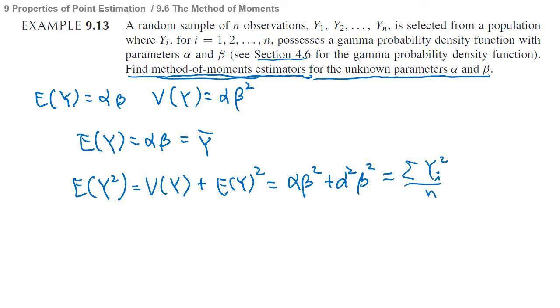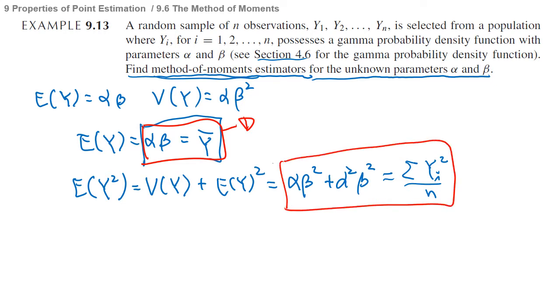Okay, and let's try to solve these for alpha and beta. So we have two equations. This is the first one, and this is the second one. Let's solve for alpha and beta. Here beta equals y bar over alpha.